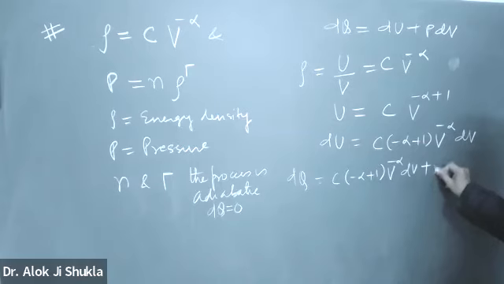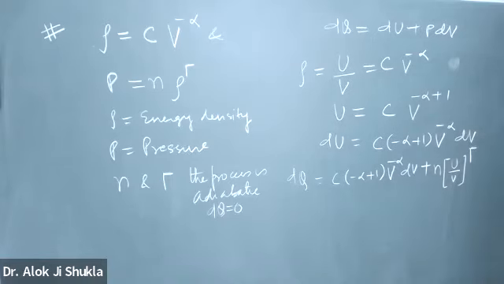N rho to the power gamma, rho is U by V, gamma, into dV. And what is that?